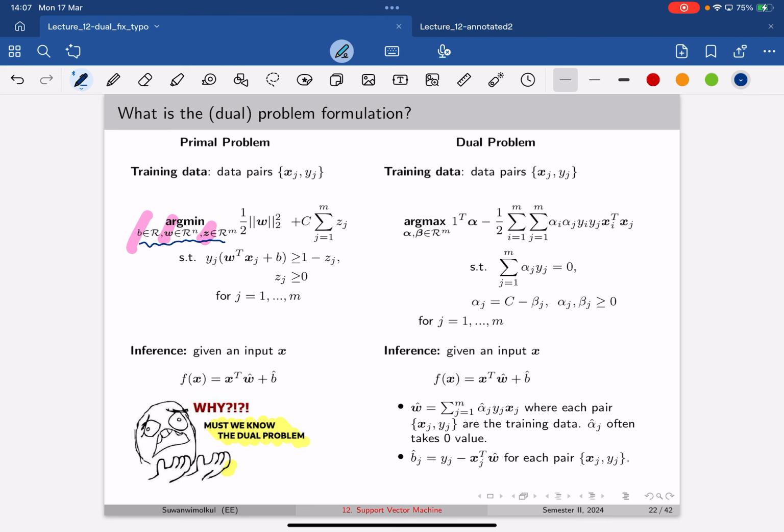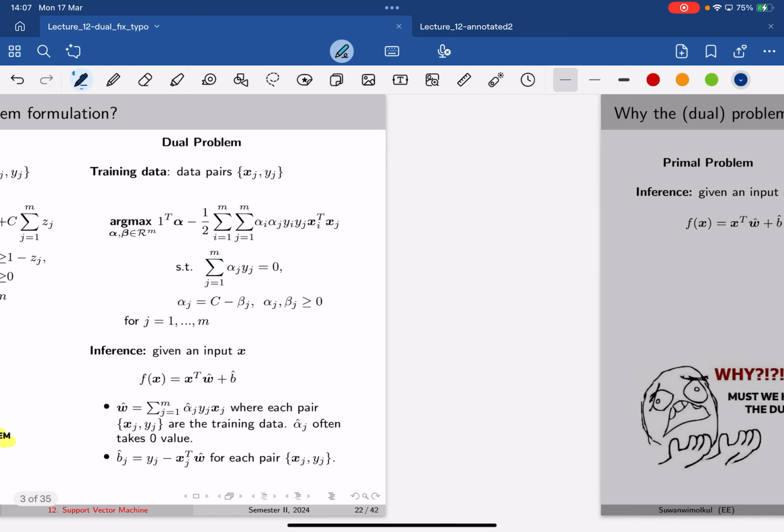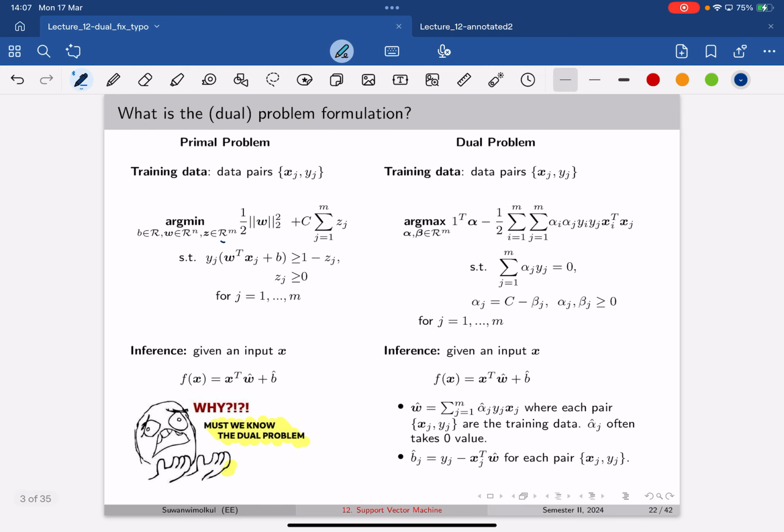Well, that was the main reason, but also, as I mentioned before, there are two additional benefits after we turn an SVM into a dual form. The first benefit is that, as you will find out, once you solve for the additional variables from the dual problem, many of the solutions will turn out to have zero value.